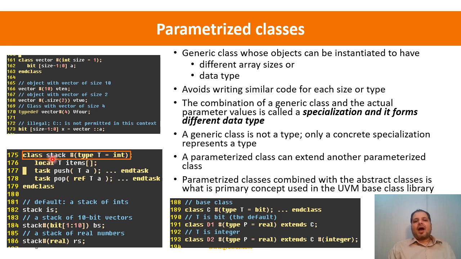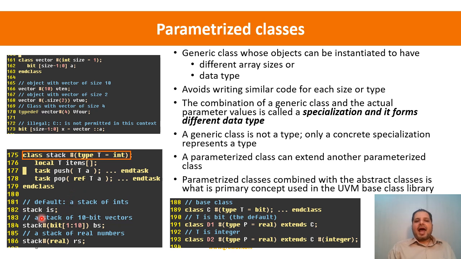I want this stack to be capable of storing any data type, so I have parameterized the type itself. When you say type T equal to, it represents a data type parameterization, and I'm passing a default value of int. Then I am declaring a dynamic array, and then I am declaring the push and pop tasks, which I can later implement.